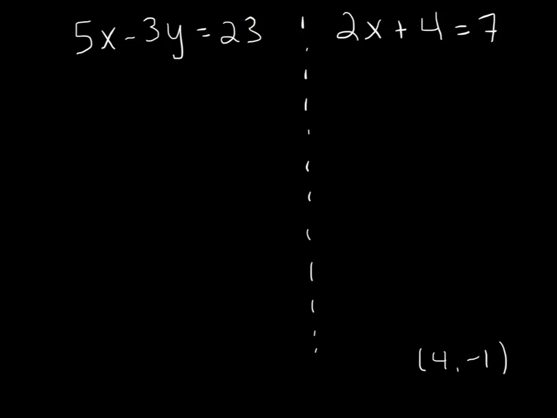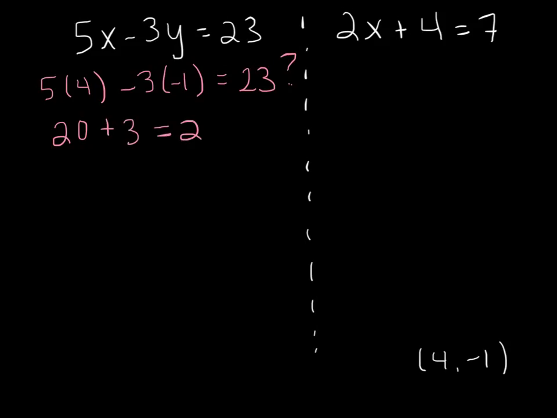So we'll take 5 times 4 minus 3 times negative 1 equals 23, and we're asking, is this correct? We don't know yet, so it's a question. So 5 times 4 is 20. Negative 3 times negative 1 is a positive 3 equals 23. Do we know yet? 23 equals 23.